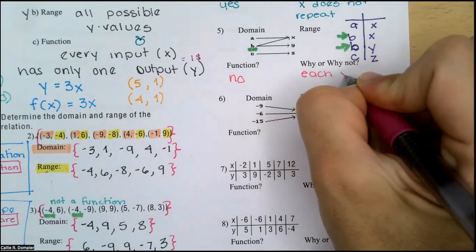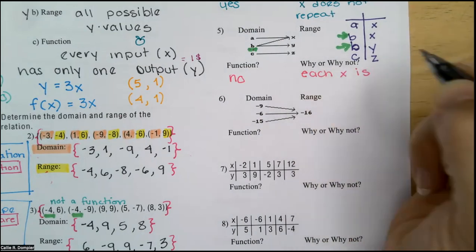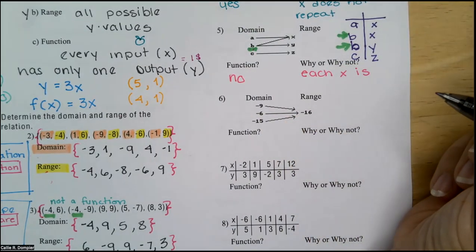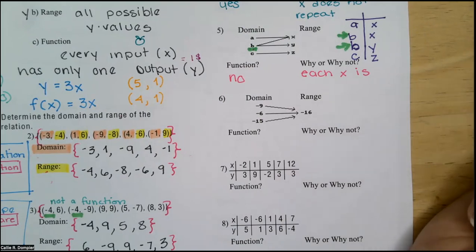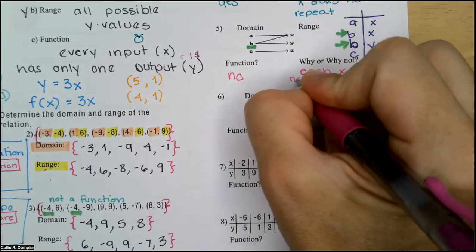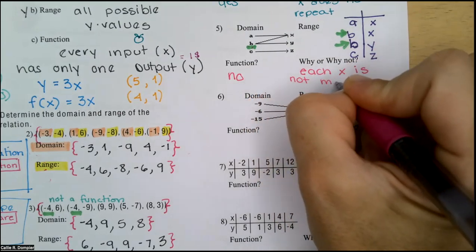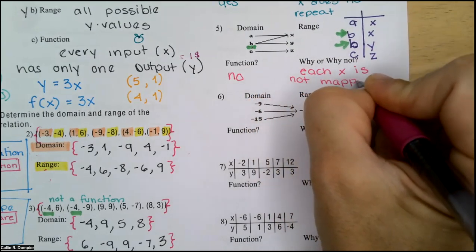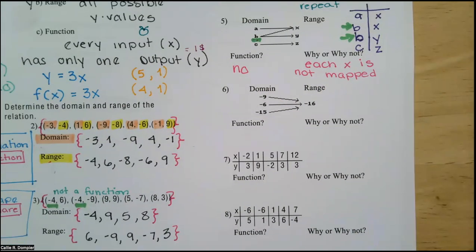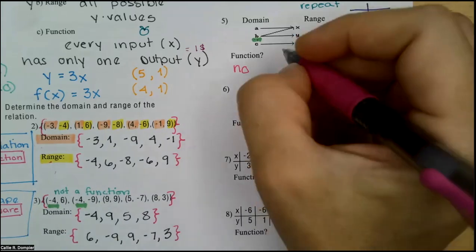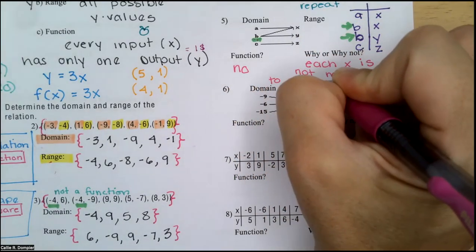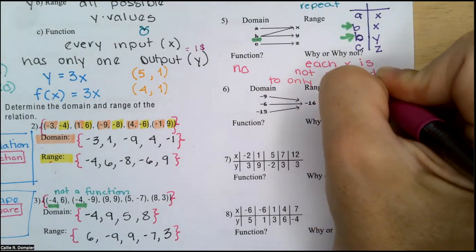Each X is, what should we say? That each X is not mapped to a unique Y. I can say each X is not mapped to only one Y, okay?